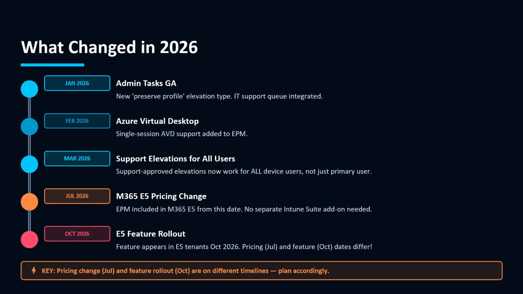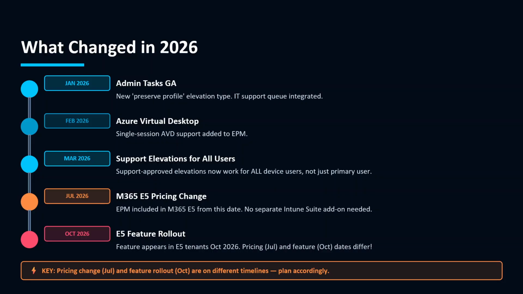Then in February, Azure Virtual Desktop: earlier, virtual desktop was not supported by EPM, but this is now added as part of the EPM scope. In March 2026, support for evaluation for all users: earlier this worked only for the primary user who logged in to the system, but with this improvement EPM now works for all users who log in on this computer.